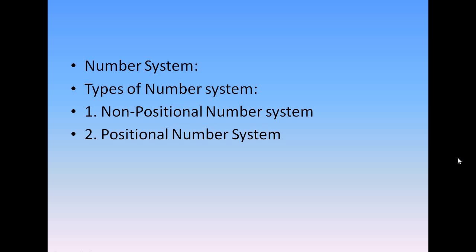Then we move to positional number systems. In positional number systems, there are only a few symbols known as digits. In a particular number, digits have different values depending on their position.